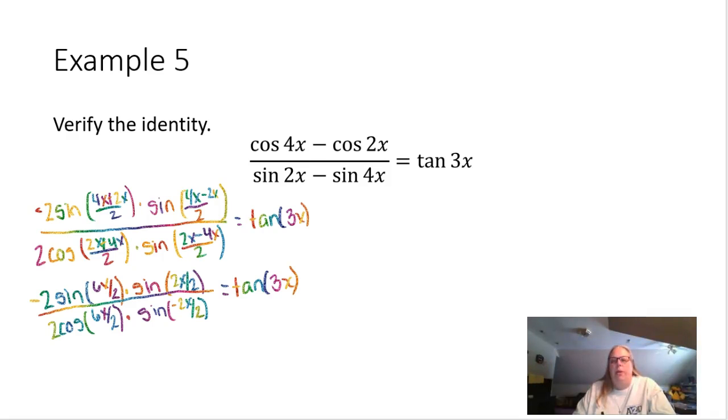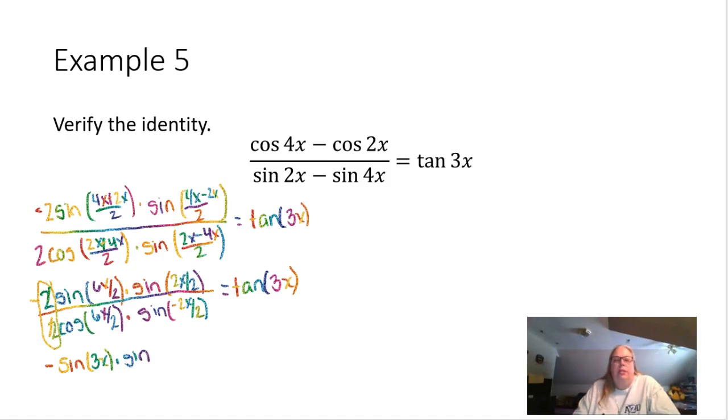Now, if you want to, right here at this step, and really back here at this one, you can go ahead and cancel out those 2's right there. You don't have to, you can wait till later, but you can cancel them. And I'm just going to go ahead and cancel them out right now. And we're going to simplify this. 6x divided by 2 is 3x. So I have negative sine of 3x times the sine.